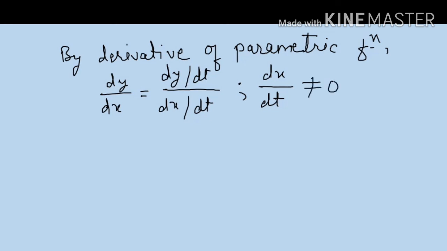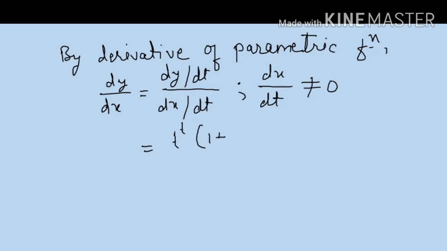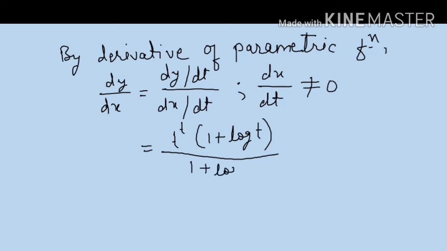So now substitute. What we have got, dy by dt is t raised to t into 1 plus log t, and dx by dt is 1 plus log t.